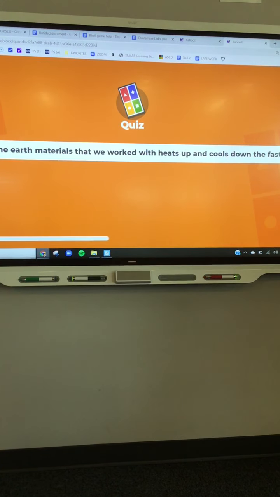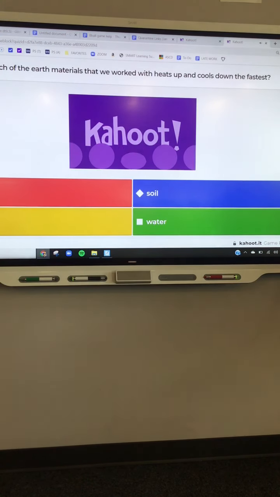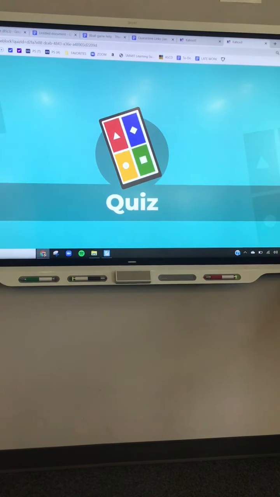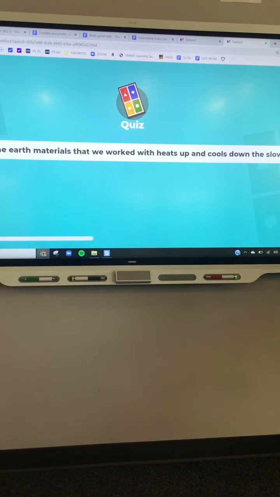Which of the earth materials that we worked with heats up and cools down the fastest? Which of the earth materials that we worked with heats up and cools down the slowest?